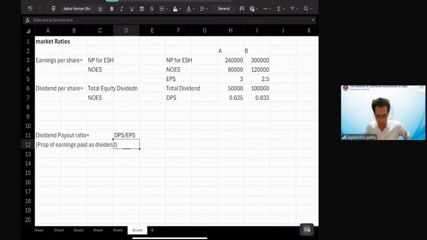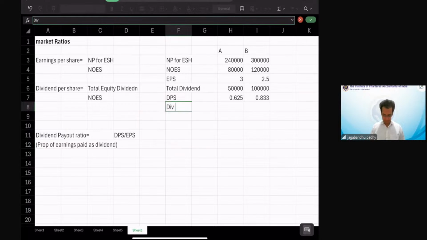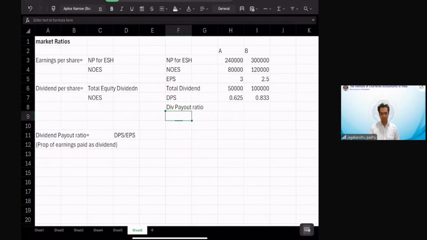Dividend payout ratio is dividend per share upon earnings per share, that is DPS upon EPS.